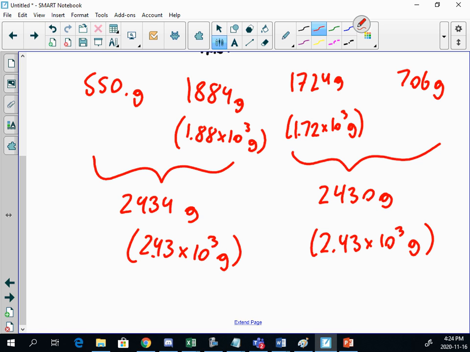Scientific notation did its job, and it got me 2 equal answers. If you got something anywhere close to this, 244, 242 times 10 to the third, you are in good shape. You know what you're doing.